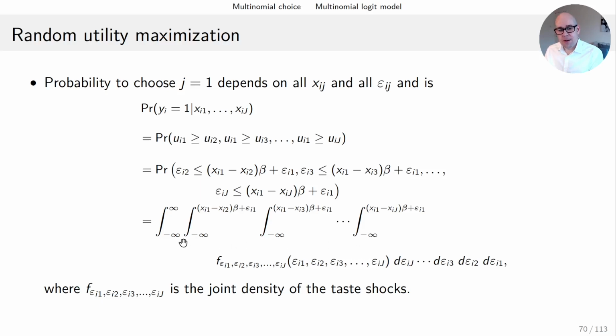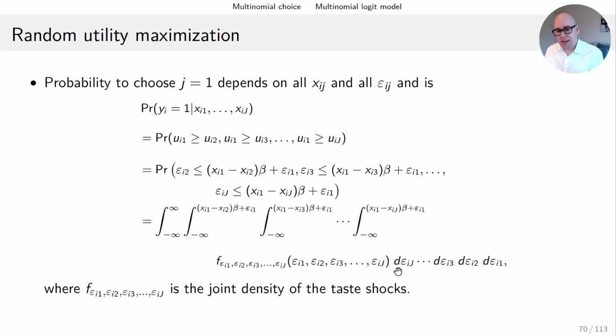Okay, so forget about this first one here. Just look at the second up to this one here. So these are J minus 1. There's a J minus 1 dimensional integral. And what am I integrating over? I'm integrating over the joint distribution of all the epsilons evaluated at these values.